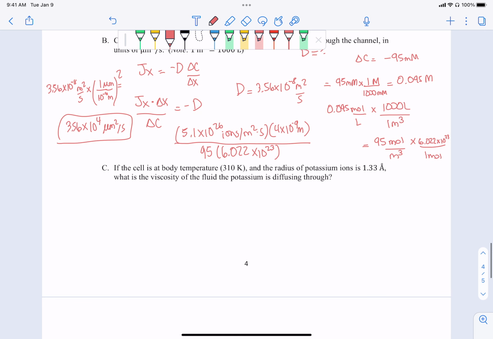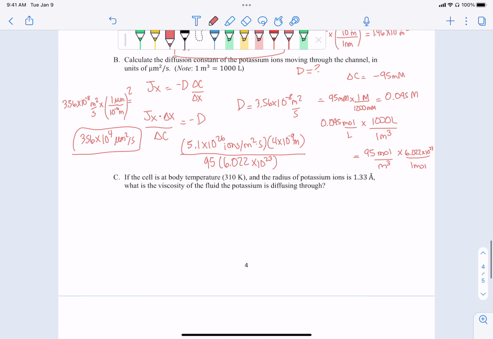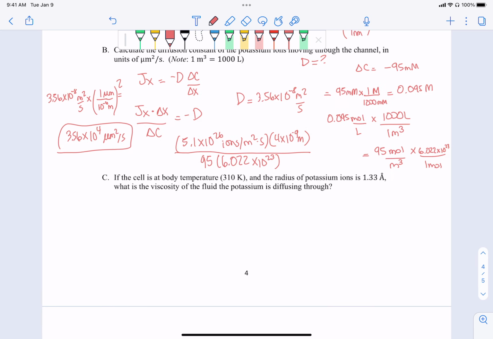If the cell is at a body temperature of 310 Kelvin and the radius of potassium ions is 1.33 angstroms, what is the viscosity of the fluid the potassium is diffusing through?